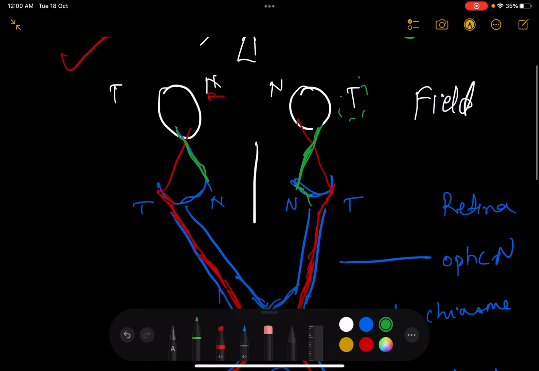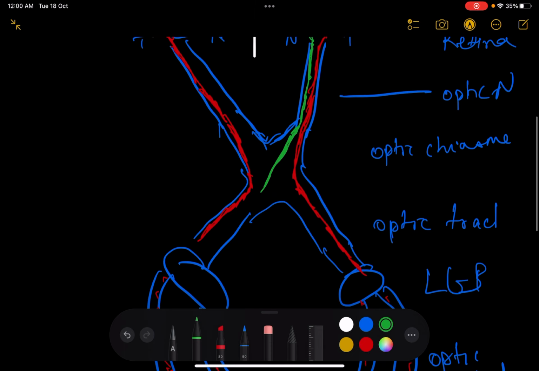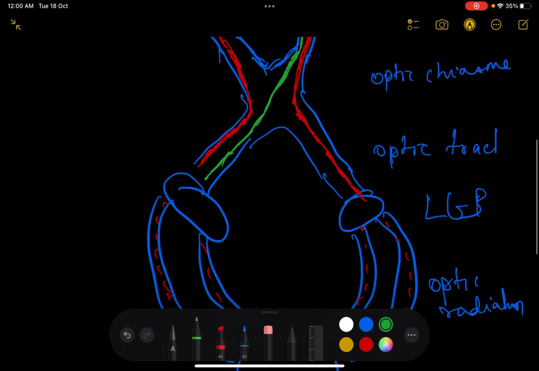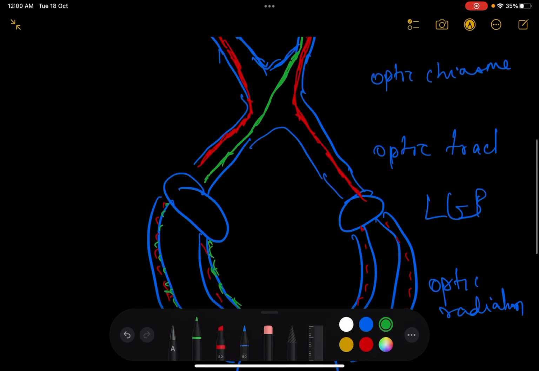So the nasal retina is carried forward, and very obviously something has to crisscross, so this crisscrosses. Now it's not as simple as I showed, there are certain complications, but when it crisscrosses, it again goes along with the optic tract and then into the optic radiation, but now it has decussated or crisscrossed.